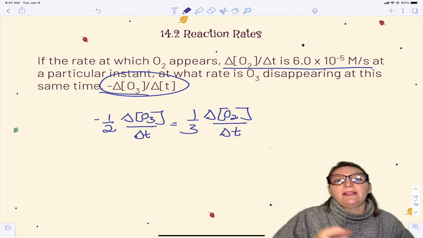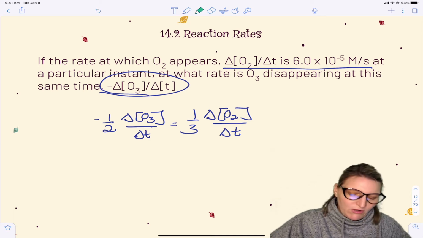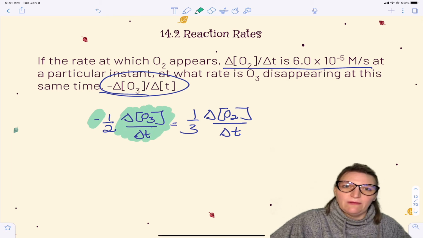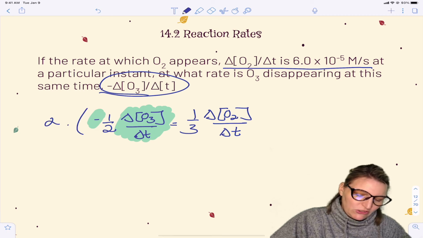right? This is me applying that, just rewriting basically that formula. Thinking about what do I want to solve for? Well, I want to solve for negative delta O3 over delta T. So how do I isolate that? Well, pretty easy. I just multiply both sides by 2, right?